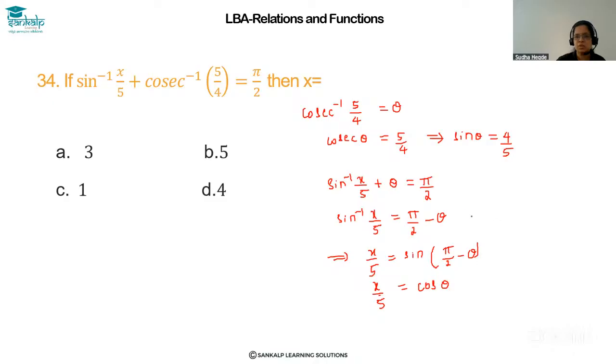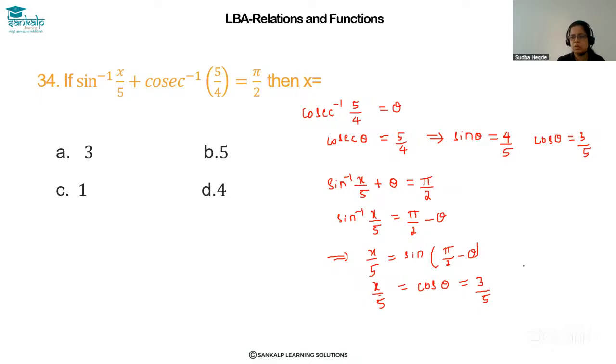But what is cos theta? So from this you can write cos theta as 3 by 5. So this is 3 by 5 by using Pythagoras. Opposite is 4, hypotenuse is 5. So adjacent must be 3.